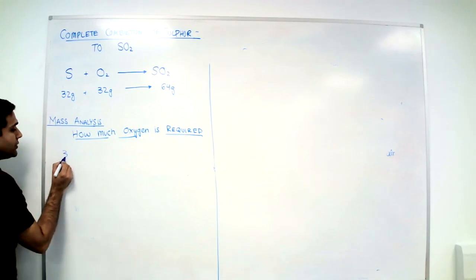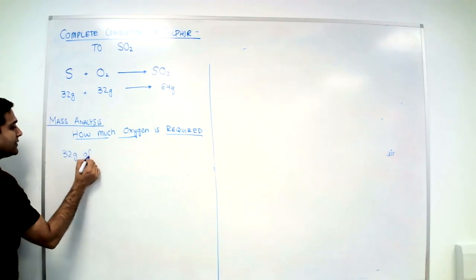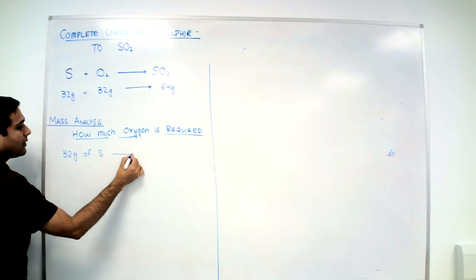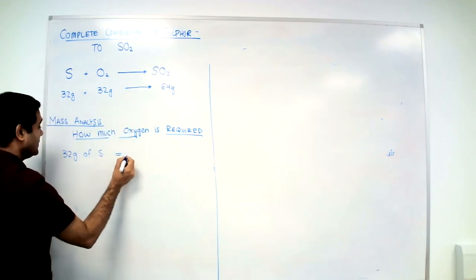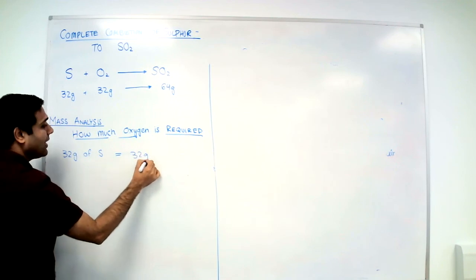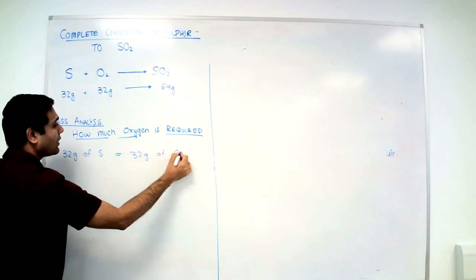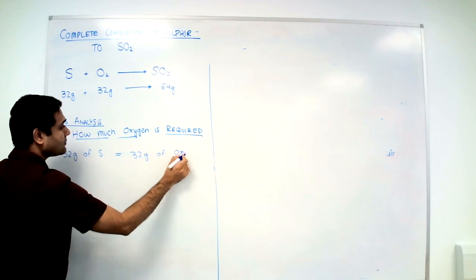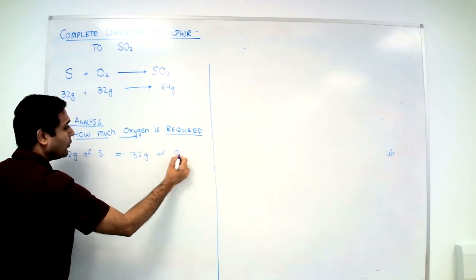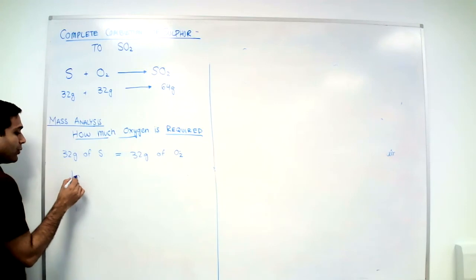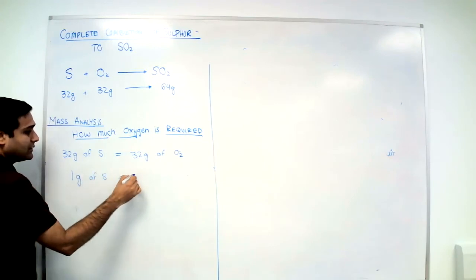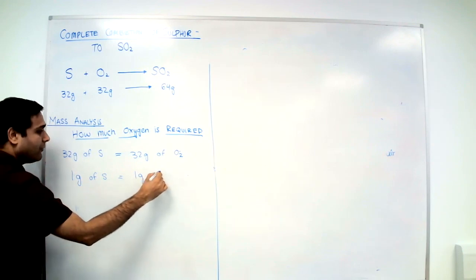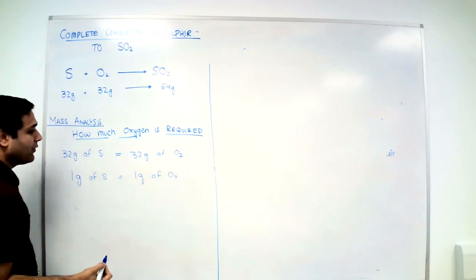So 32 grams of sulfur needs 32 grams of oxygen, which means 1 gram or 1 kilogram of sulfur requires 1 gram of oxygen.